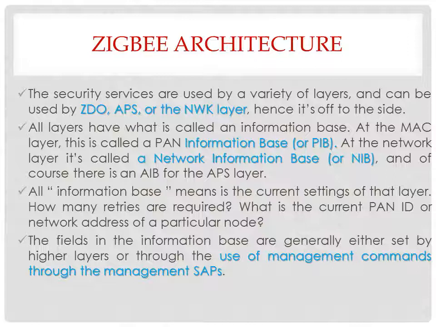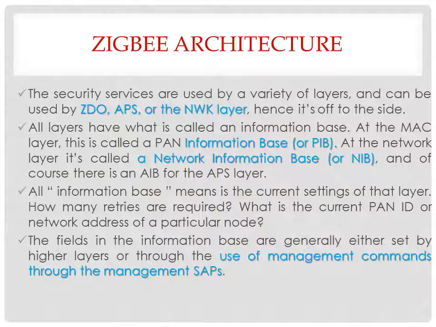All layers have what is called an information base. At the MAC layer, this is called a PAN information base or PIB. At the network layer, it is called the Network Information Base or NIB. And of course, there is an AIB for the APS layer.